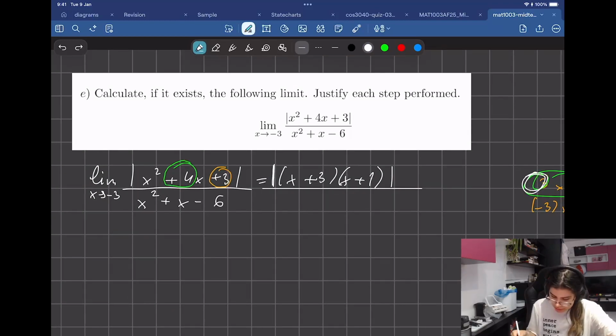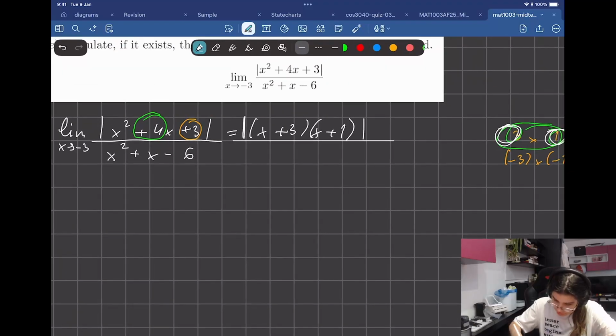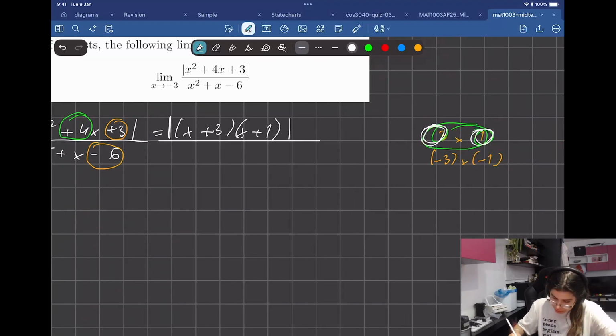Okay, so in the denominator, let's think about it. Firstly, again, we need two numbers that when multiplied give me minus 6. So this could be minus 3 times 2, or 3 times minus 2, or 6 times minus 1, or minus 6 times 1, okay? Is that right? Yeah, it's right.